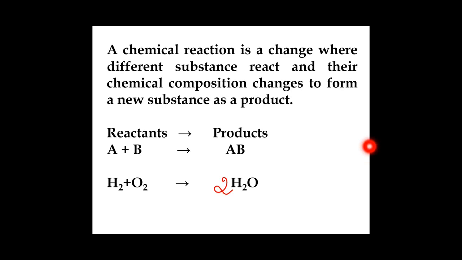Always you'll find reactants at the left hand side of this arrow mark and products at the right hand side. This is the general representation of the chemical reaction. Reactants at the left hand side, products at the right hand side.